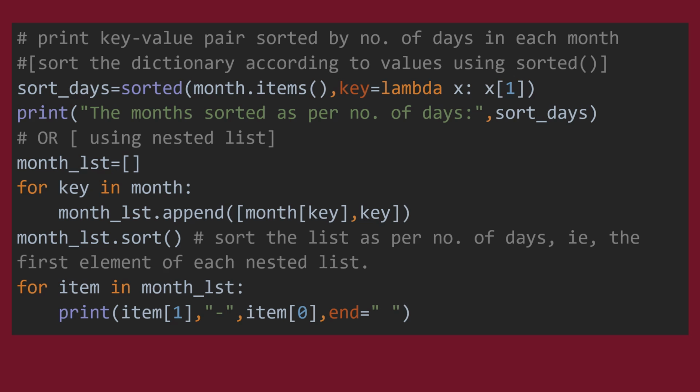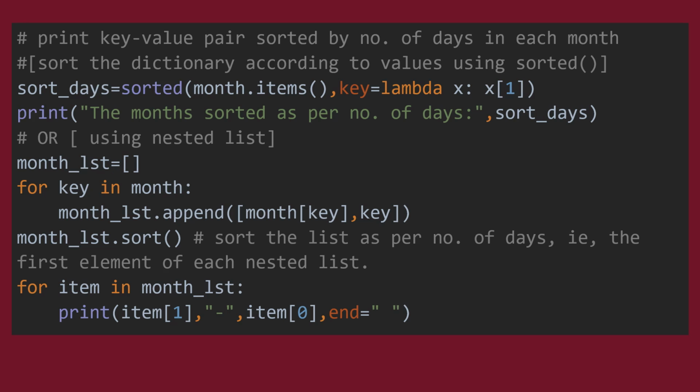Okay, so first of all, we will use the sorted function to sort the dictionary according to the values, not according to the keys. Okay, you can see the sorted function is like this. Sorted, within that you have to just pass month.items(). Month is the dictionary name, dot items. The items function will give you each key value pair present in this dictionary, and it will be sorted according to key equal to lambda x, such that x within square brackets 1.